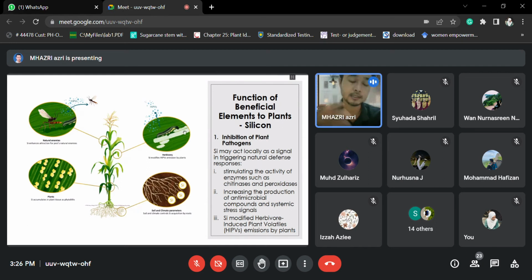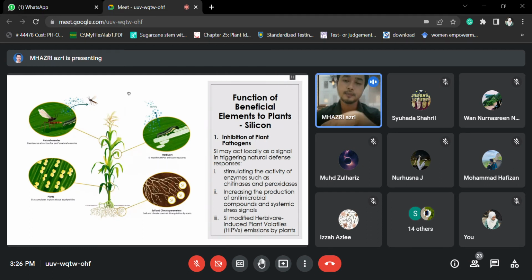So bila dia dah injured, dia tak akan feed on the plants ni tadi. Okay. Contoh-contoh itu contoh volatile compound yang bertindak balas secara langsung terhadap herbivore. Kalau yang ini dia tindak balasnya secara tidak langsung sebab dia tarik perhatian predator.